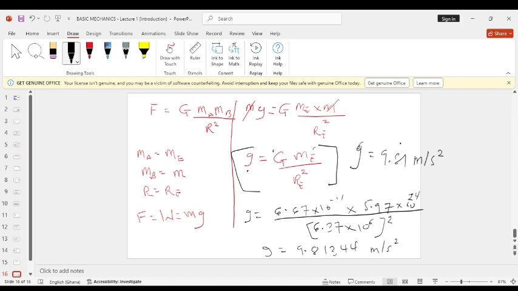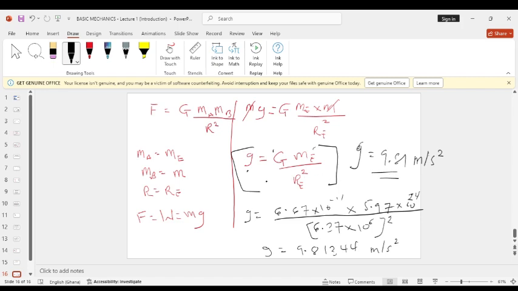As we know the mass of the earth, the mass of the object on the surface, and the radius of the earth, with the gravitational constant determined, we can come up with the value for g, the acceleration due to gravity, which is 9.81.